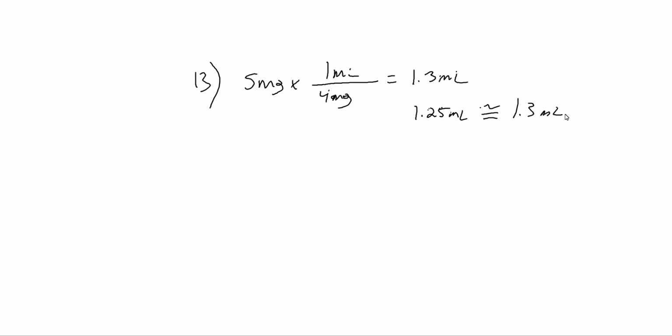All right, for 22. So 22, like I said, is going to be very similar to what we did in the Heparin Protocol. So here's how I do this. Since it's looking for flow rate, milliliters per hour, that's where I start. I just start with whatever rate they give me.